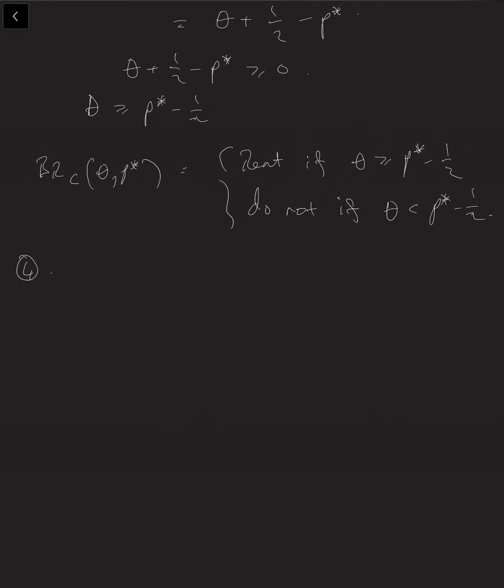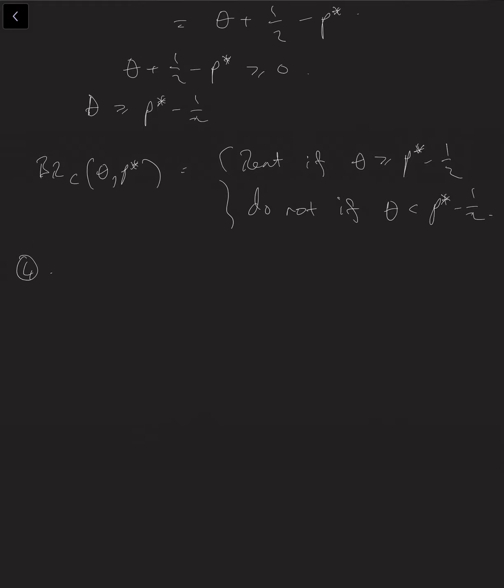So more concretely, what we're trying to make sure is that Monica will not want to offer some price not equal to P star for either flat.